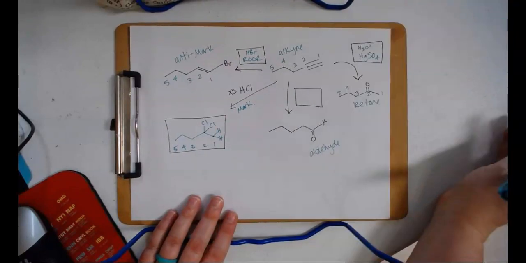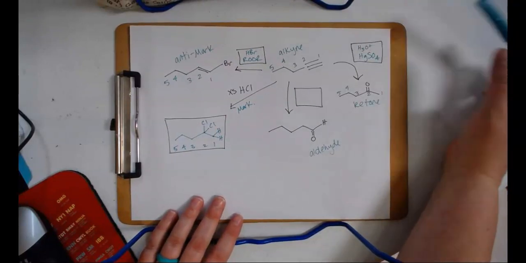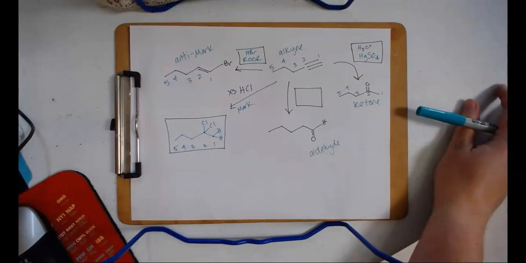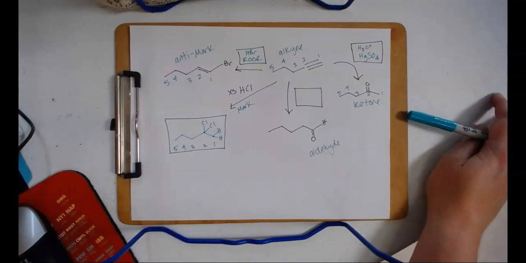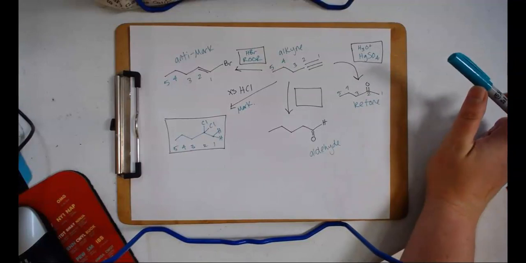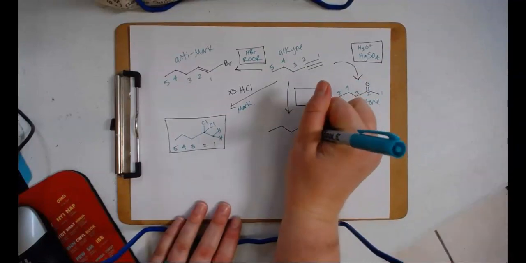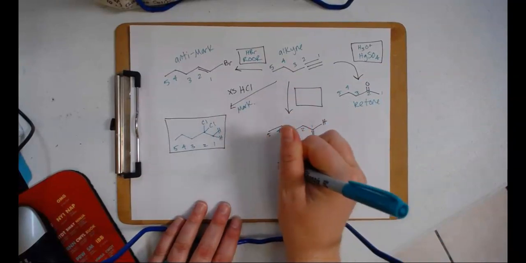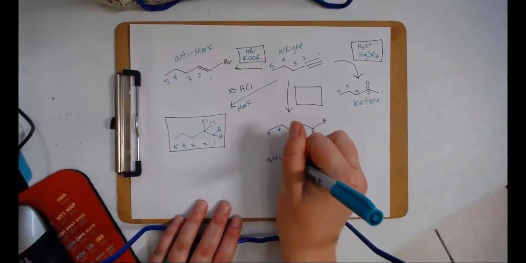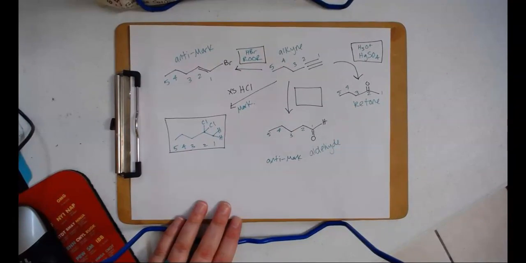So sulfuric acid and water makes H3O+, so we can kind of abbreviate it and write it that way, and then HgSO4. And then for this one, 1, 2, 3, 4, 5, this is an anti-Markovnikov hydration. So we need to add our oxygen onto that end carbon.